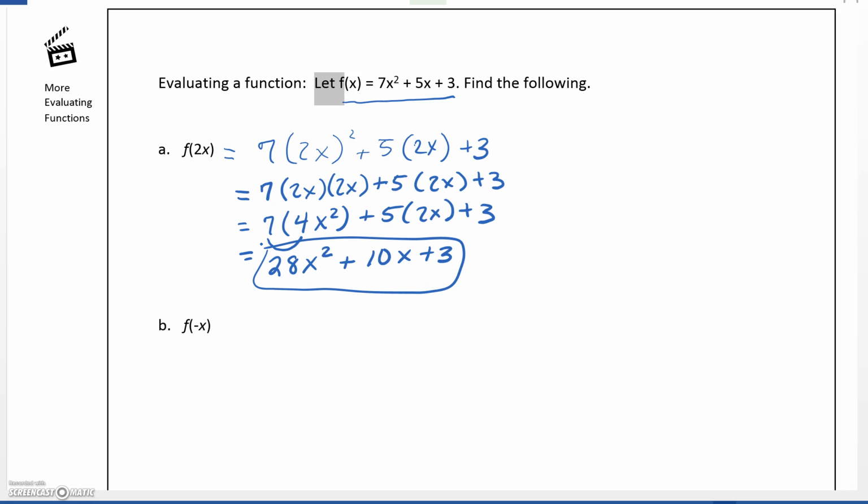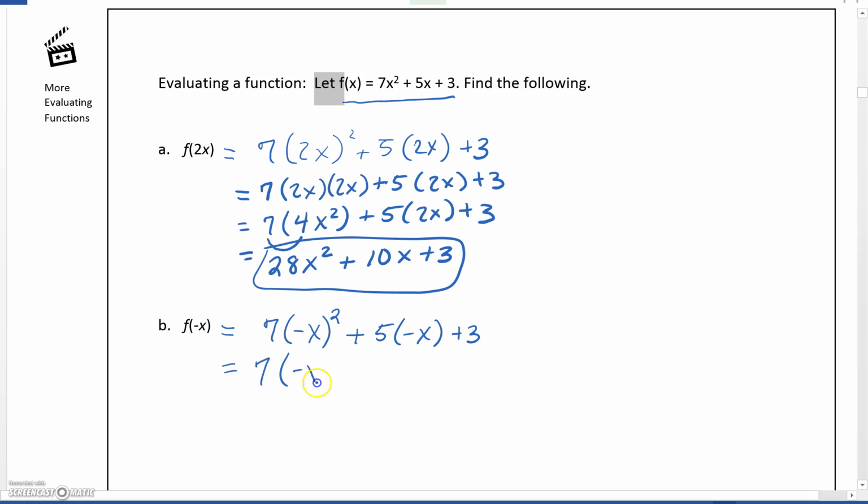So now with this same function, we want to find f of negative x. So everywhere there's an x, we're just going to plug in negative x. So we have 7 times (negative x) squared plus 5 times negative x plus 3. So again, I'll write this as negative x times negative x.